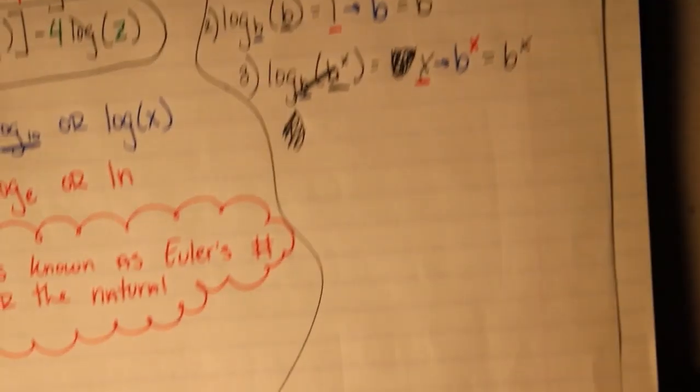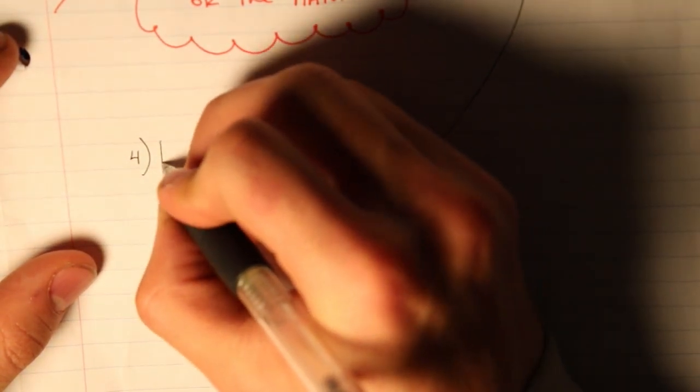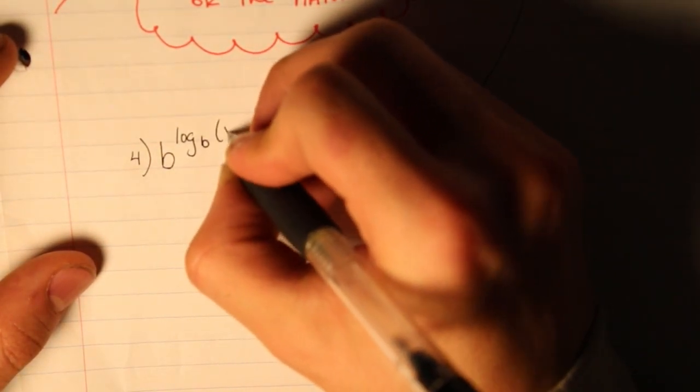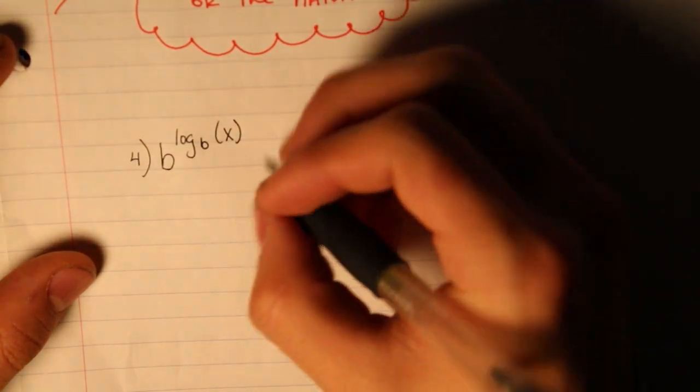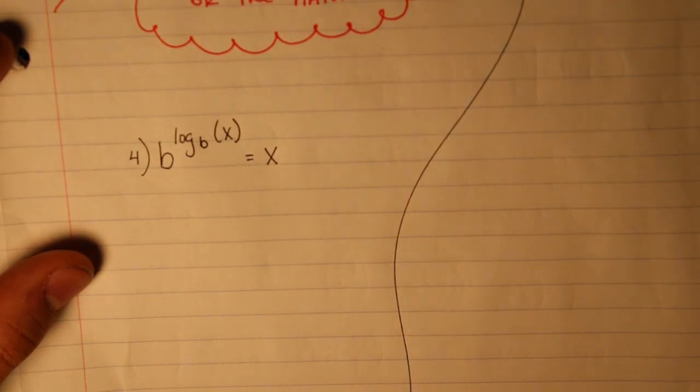So I'm going to write it a little bit further down. All right? So we're right here. We're going to have number 4. We'll have b to the power of log base b of x equals x. All right, let me focus this up a little bit better.